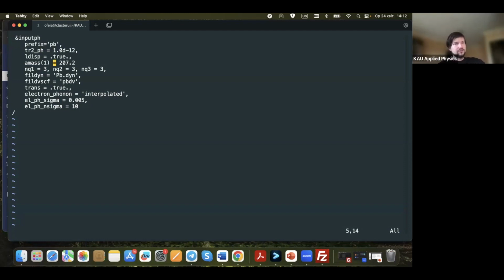Then what else, this parameter disp. These lines are common for phonon calculations from our previous labs.